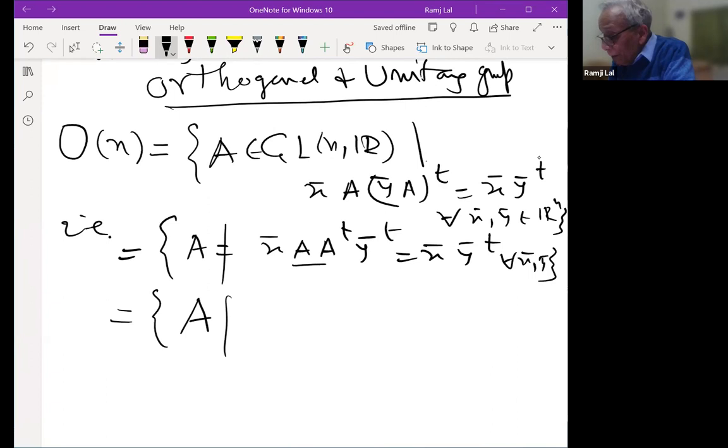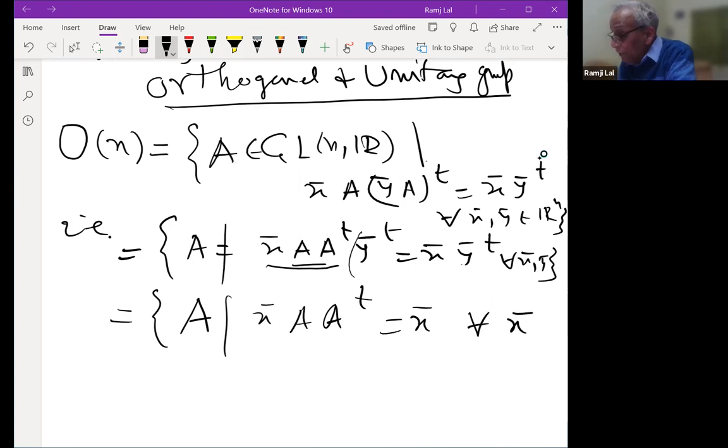You see that x bar A transpose is also a vector, a row vector, and it multiplied with y bar transpose gives x bar y bar transpose for every y. Then that means x bar A transpose is equal to x bar for every x, since the form is non-degenerate.